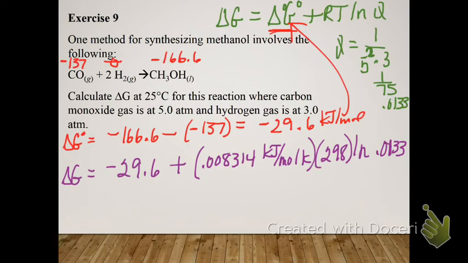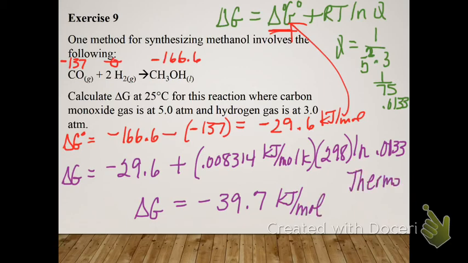Depending on how you plug that in your calculator and where you rounded, you might get slightly different numbers. But what I get with my rounding is negative 39.7 kilojoules per mole. And that would be thermodynamically favored, right?